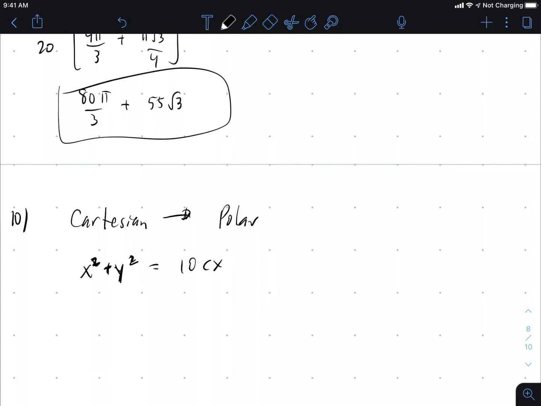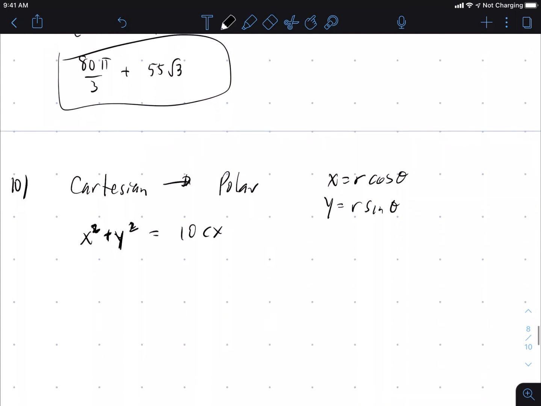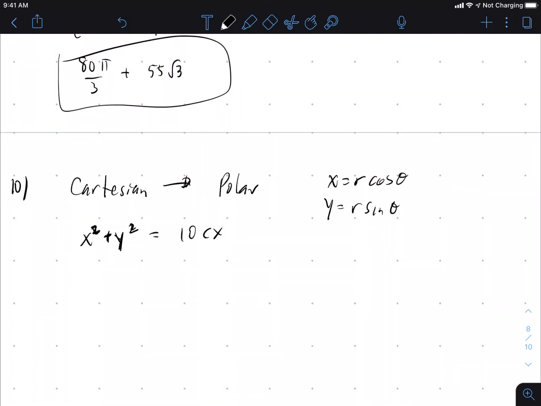Any thoughts? Right? So isn't that going to be r squared is equal to 10c r cosine theta?